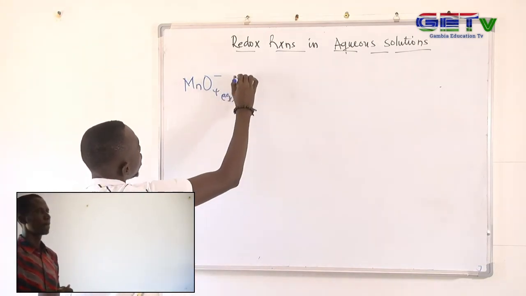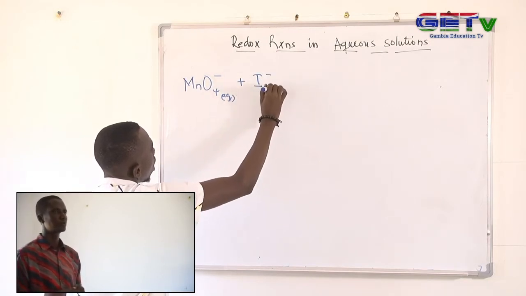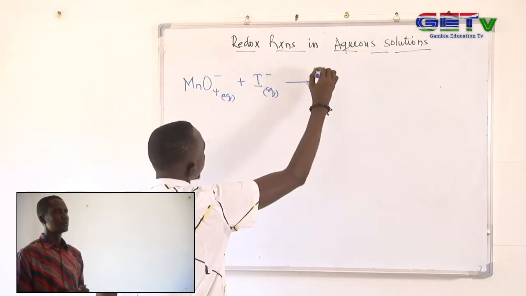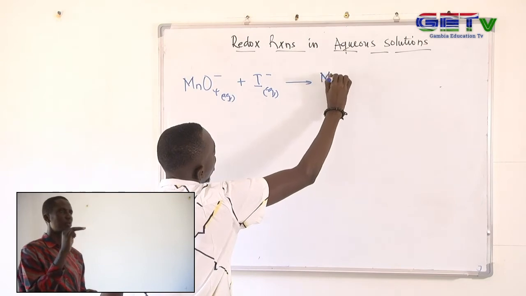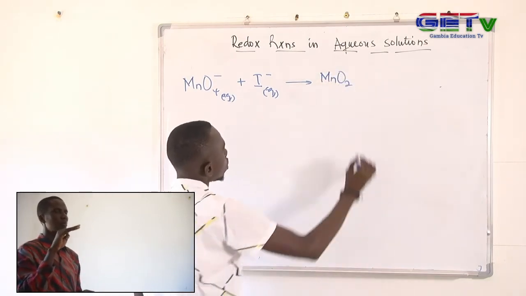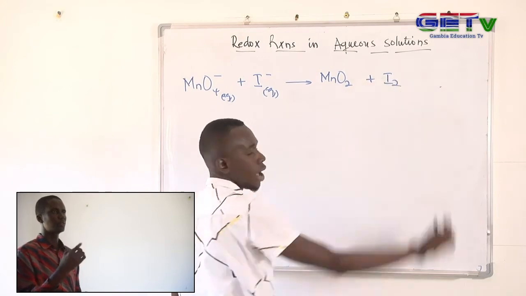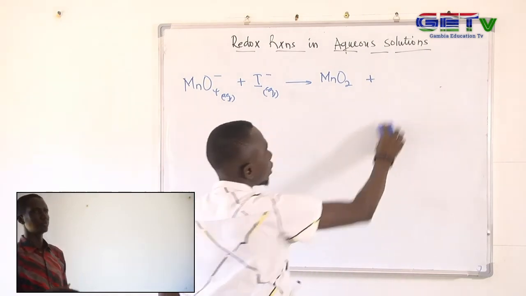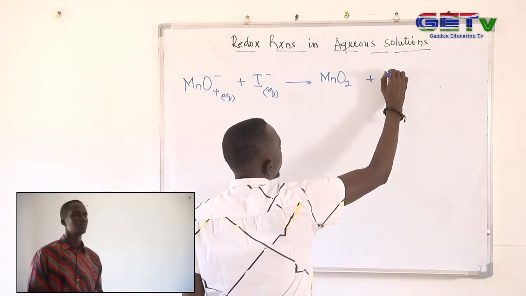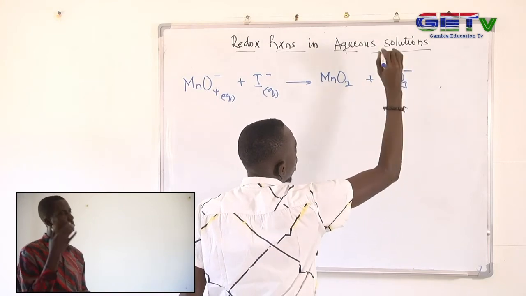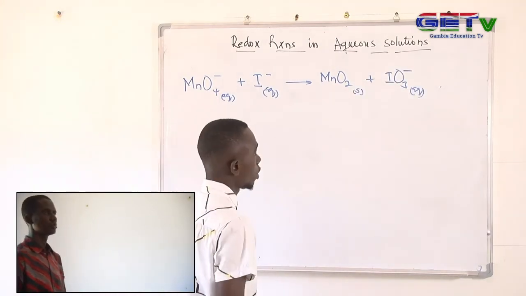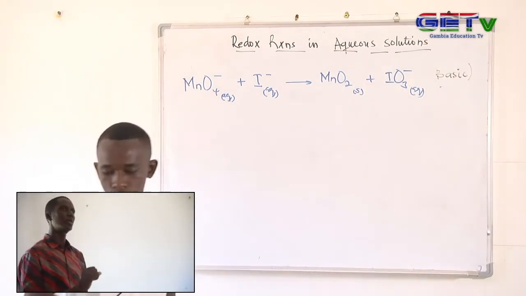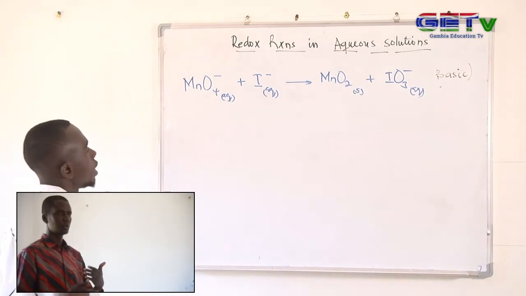Now this is reacting with iodide ion, which is also aqueous, and this will give us MnO2 plus iodine, I2, plus iodide ion. This reaction is taking place in basic medium.